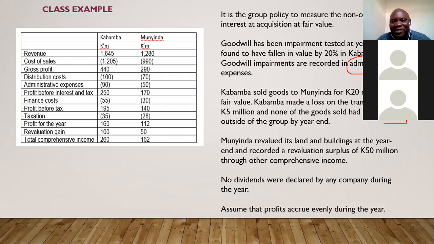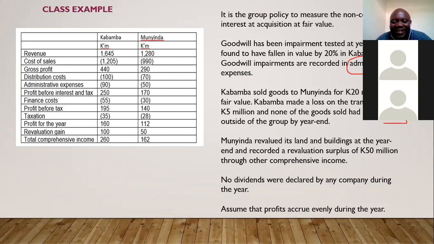What do we do with this loss? A loss, ideally, you just record it immediately. You cannot share, like our president always says, that you cannot share poverty. So the moment you see a loss, recognize it immediately. So we'll look at how we treat that.